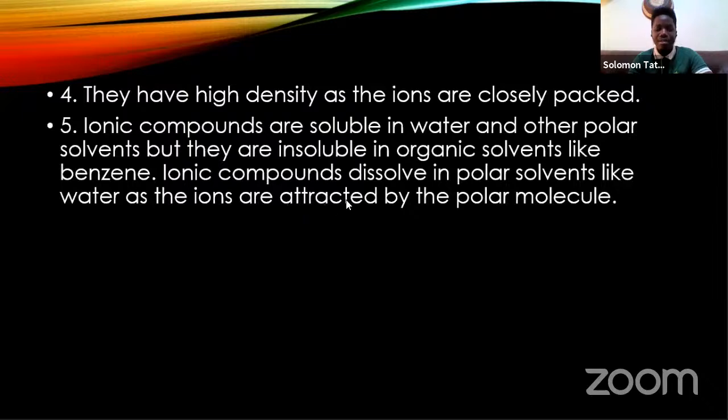But if we have a solvent that cannot make these ions, if it is not polar, like benzene, then there's no dissolving of this ionic compound. It's not going to dissolve because there are no ions to attract it to the solvent. But if a solvent has ions to attract the ionic compound, then it will dissolve. So that's the simple explanation.